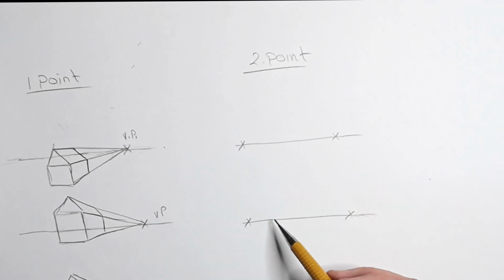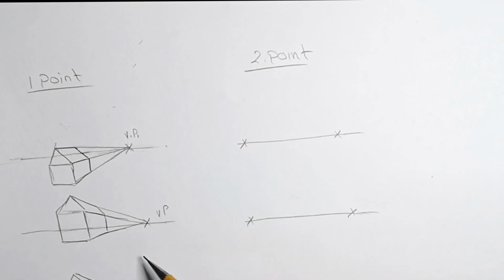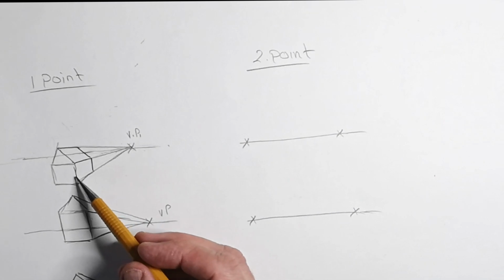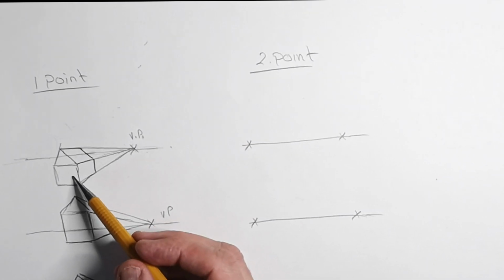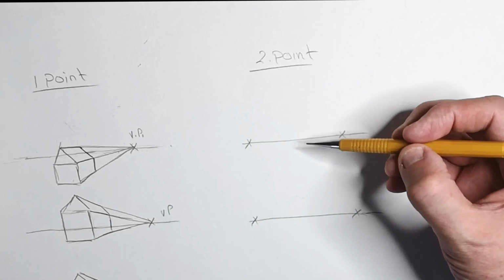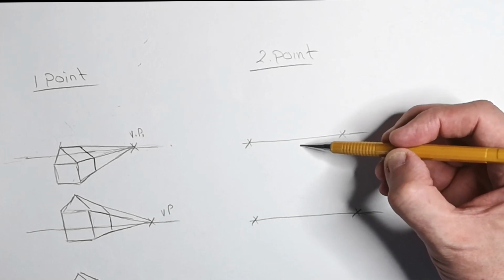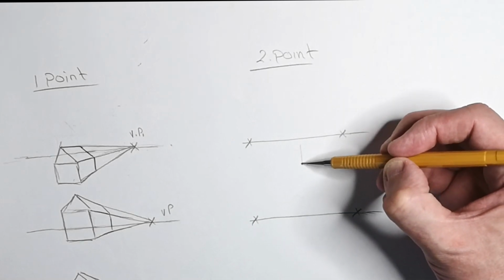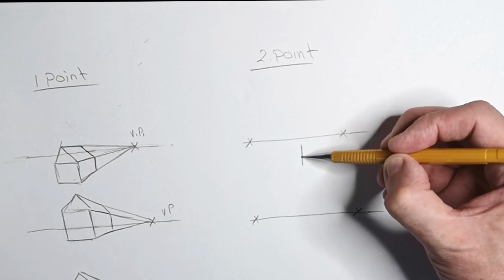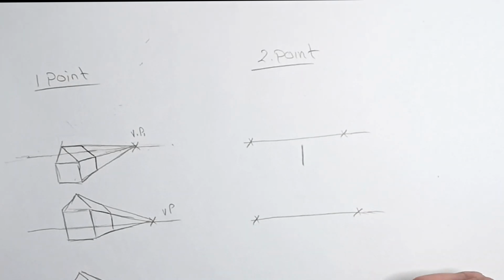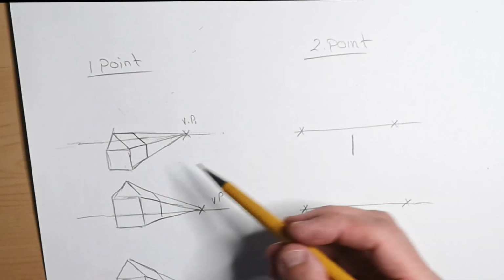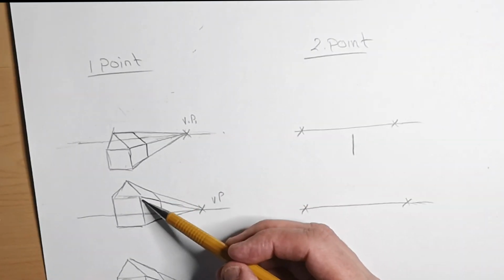So for this we'll do the same thing. We'll do bird's eye view, but what we do here is, again, we draw one line, and that is basically this corner of the house.